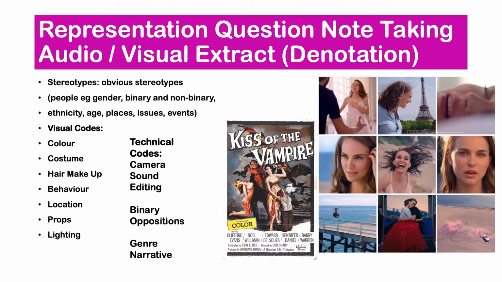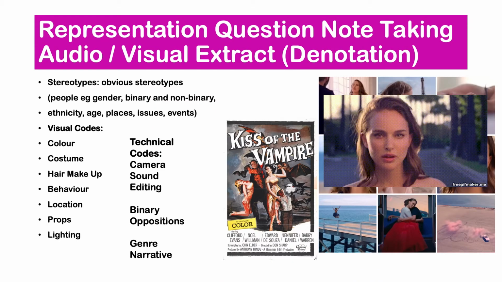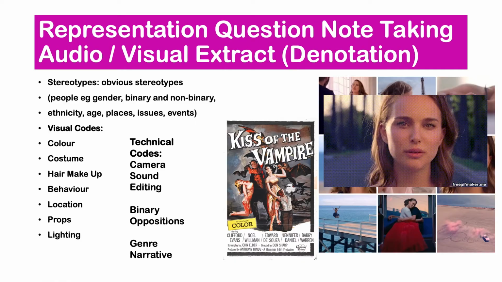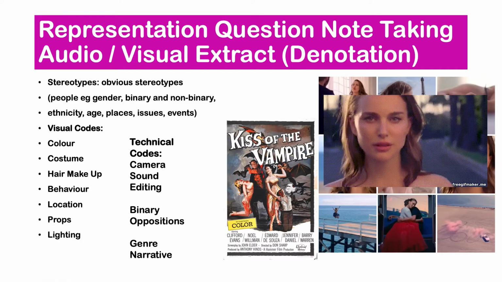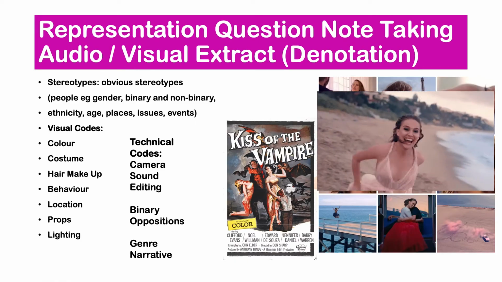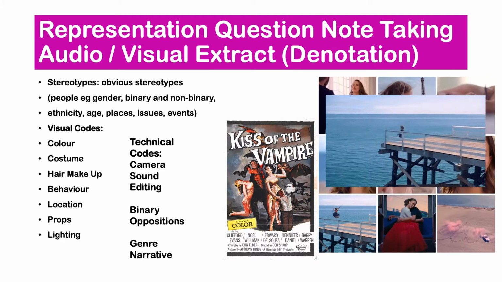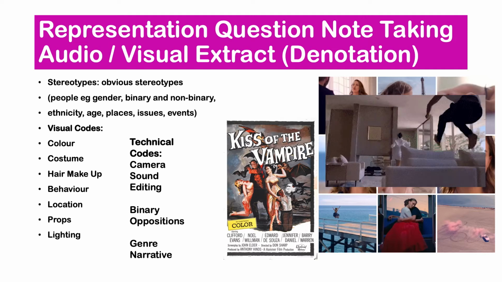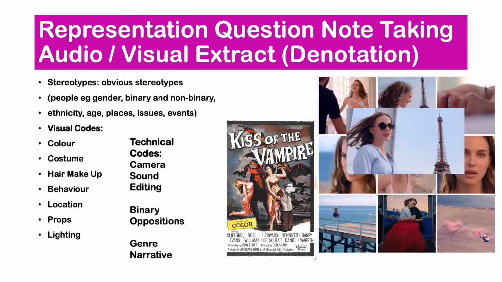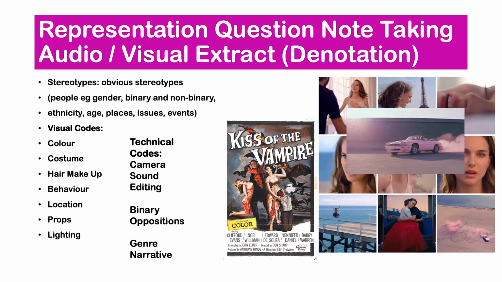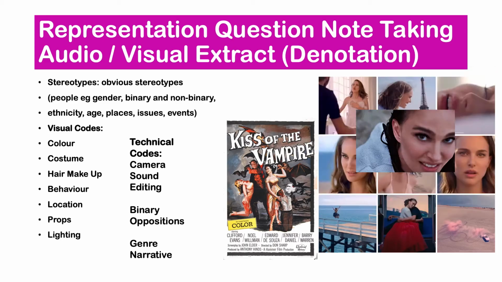So when taking your notes, you're looking out for different elements which contribute to the representation of certain characters. So for example, are there obvious stereotypes of either gender, ethnicity, age, places, issues or events? In terms of visual codes, examples of colour which contributes to the representation of these characters.